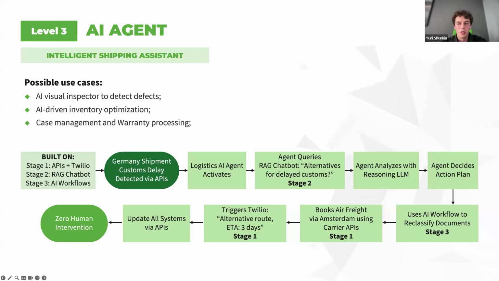It also queries a corporate knowledge base for regulations, and when needed, adjusts the delivery method, for example, switching from ground delivery to air delivery. As a result, it updates all the necessary connected systems, notifies the customers with Twilio, basically just an SMS notification or any messenger notification, and completes the rerouting without human intervention.